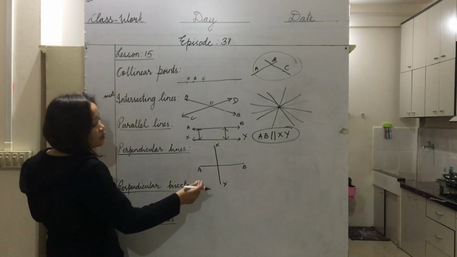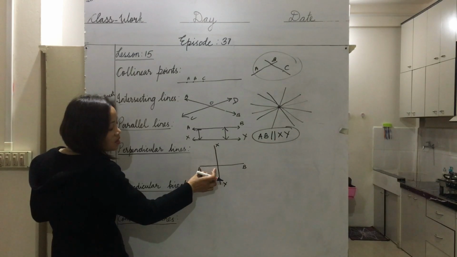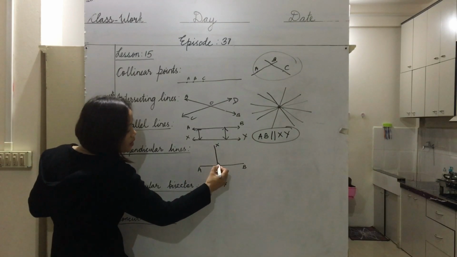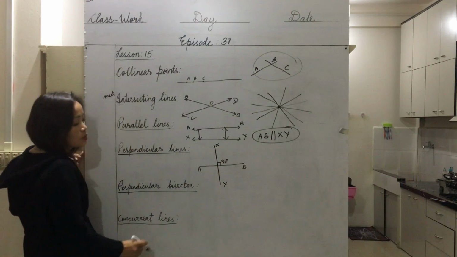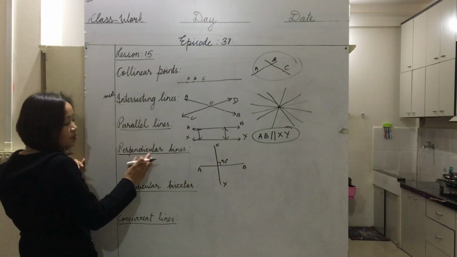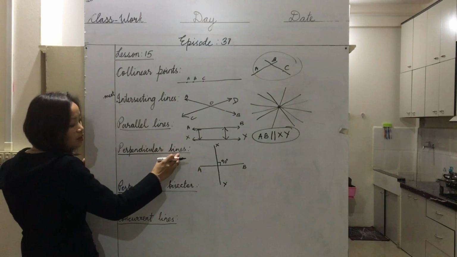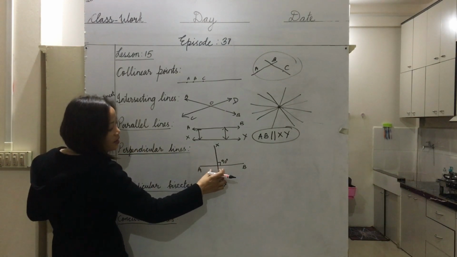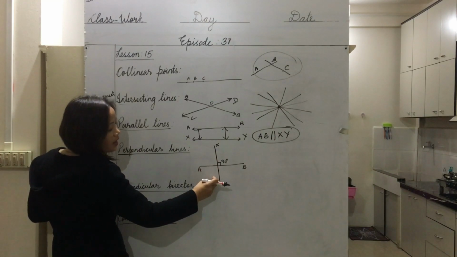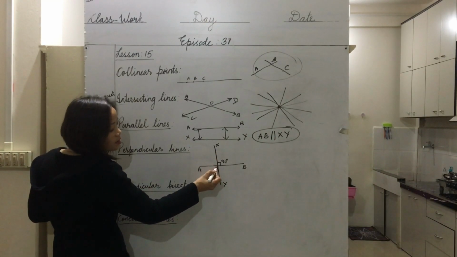So when two lines meet each other and make 90-degree, the two lines are perpendicular lines. When we say perpendicular, the two lines meet each other, and at the point of intersection they make 90-degree.